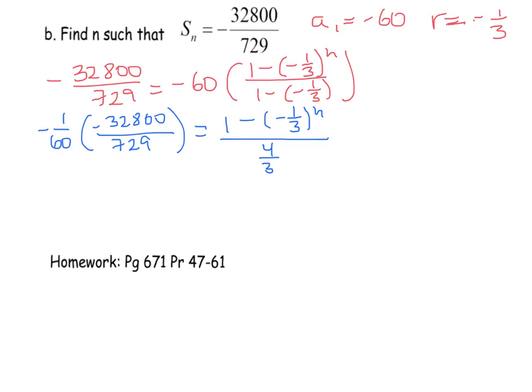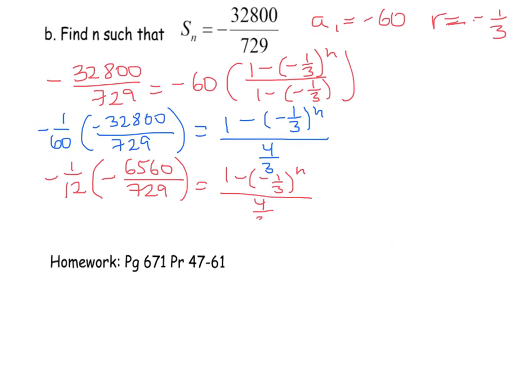So now I'm going to simplify the left-hand side by 5. And if I simplify by 5, I get negative 1/12 times negative 6,560 divided by 729, and that will equal 1 minus negative 1/3 to the n divided by 4/3.